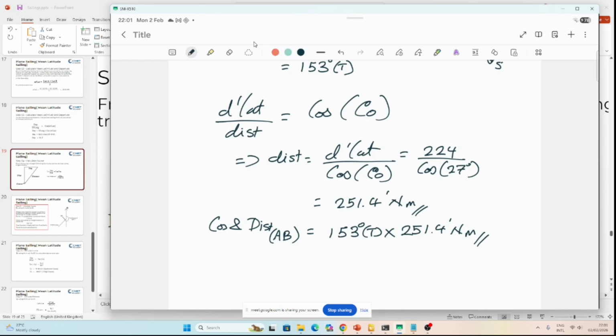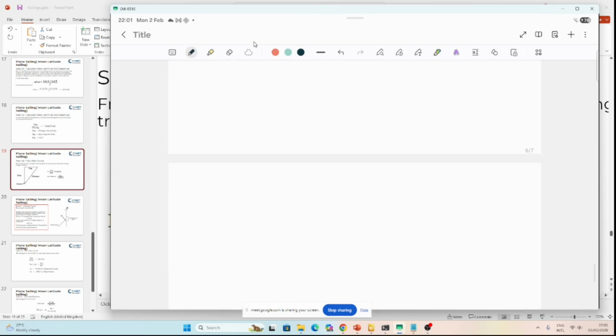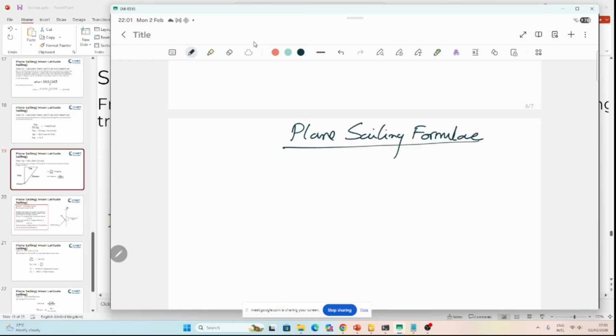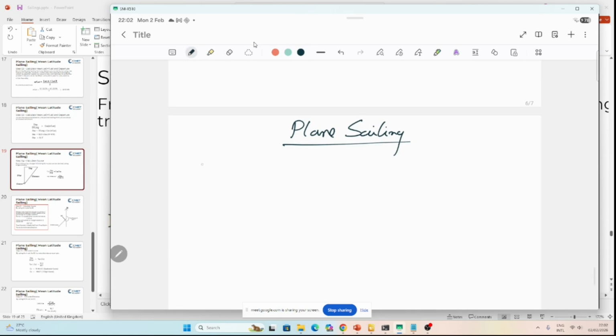Okay. So now let's summarize. What are the plane sailing formulas that you have to use? Before we go to the plane sailing formula, let's look at your steps. So what is the first step?